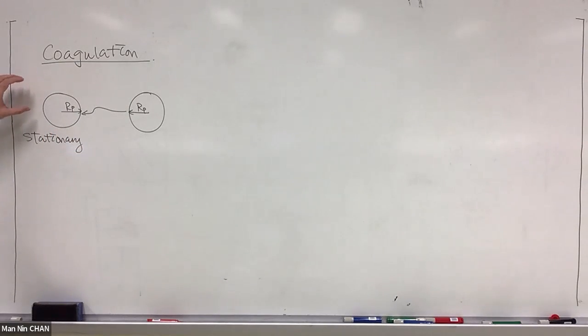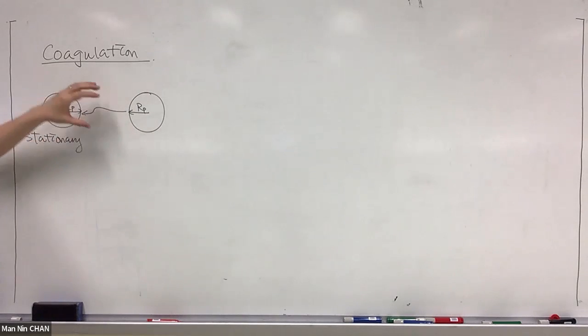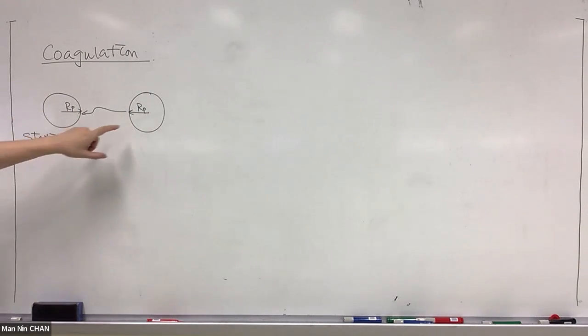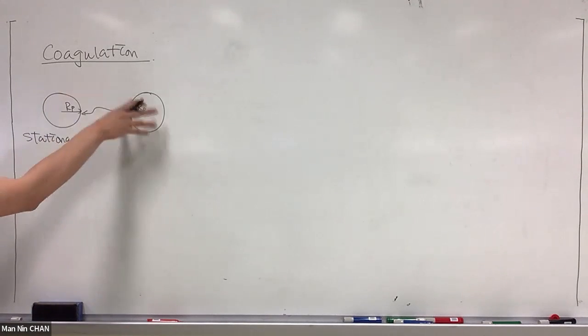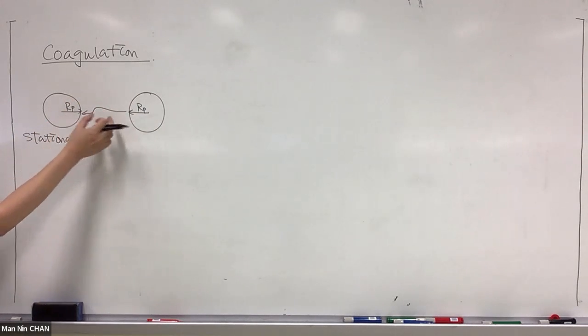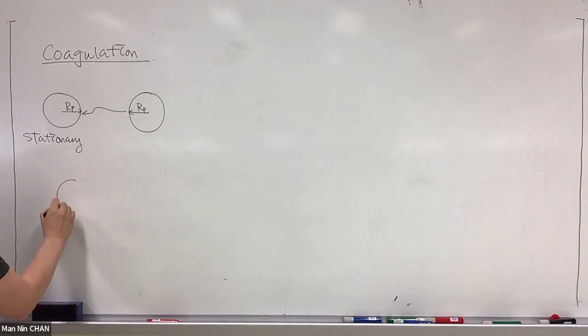Stationary means you just assume this particle is fixed at this position, as a simple discussion. So you have a particle at a fixed position, and another particle can diffuse to it, and you have a collision. When they touch each other, coagulation can happen.